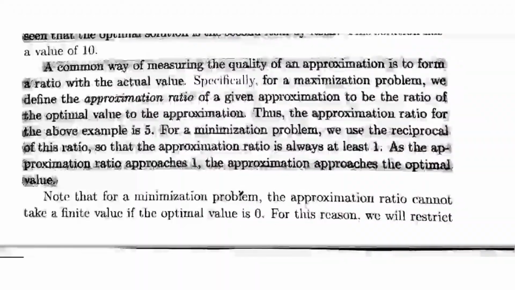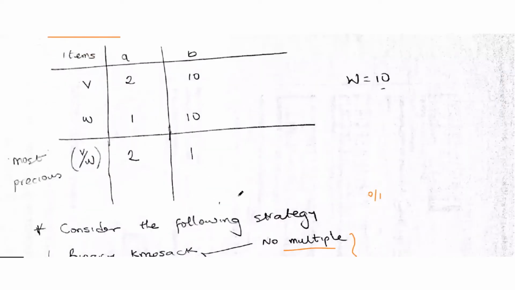To calculate the most precious, you divide the value by the weight of each available item. For instance, here this gives us 2 over 1, which is 2, and this gives us 10 over 10, which is 1.